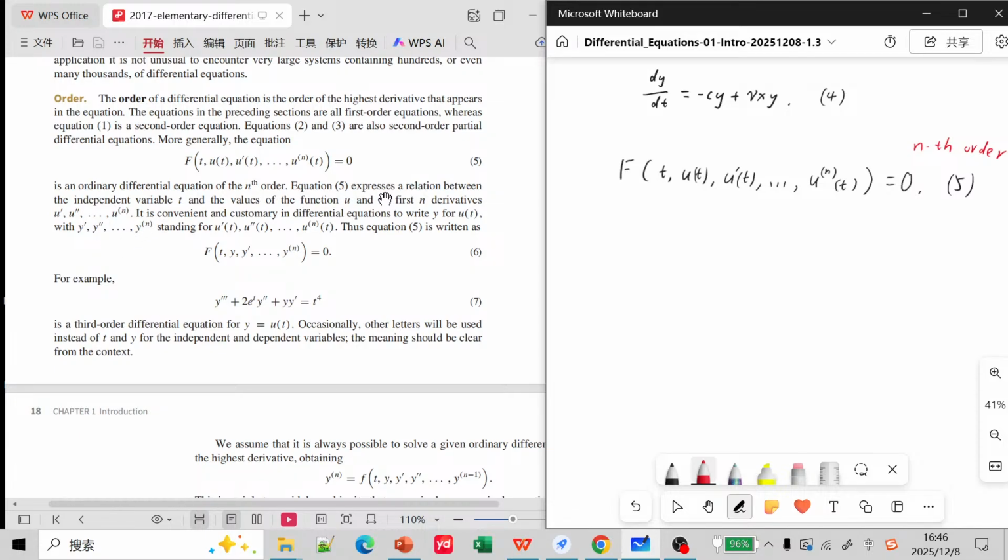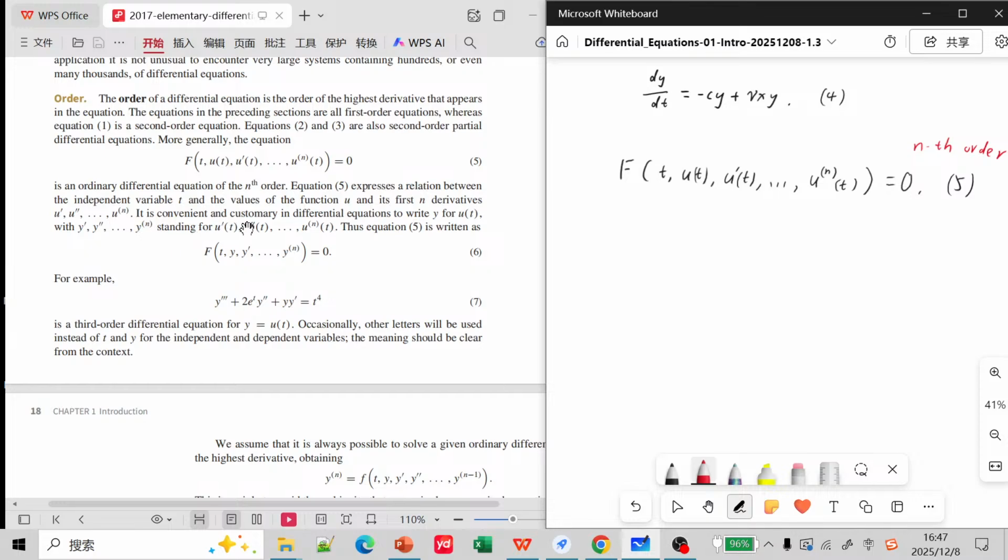Equation 5 expresses a relation between the independent variable t and the values of the function u and its first n derivatives u', u'', and so on up to u⁽ⁿ⁾.